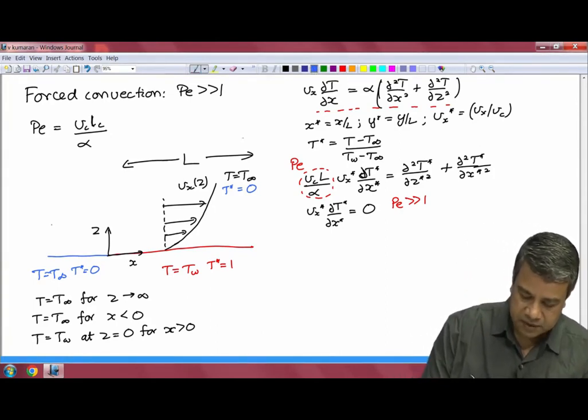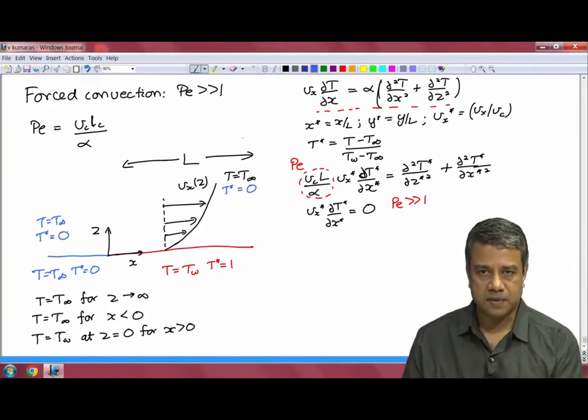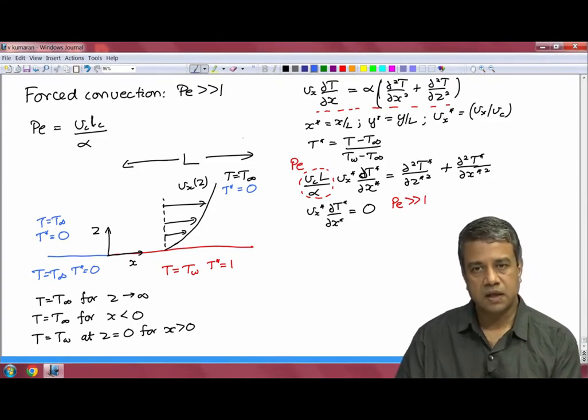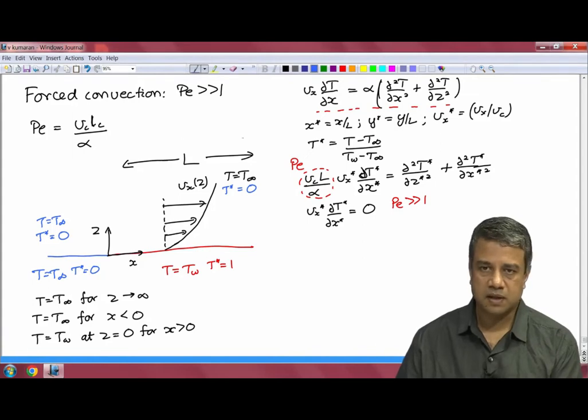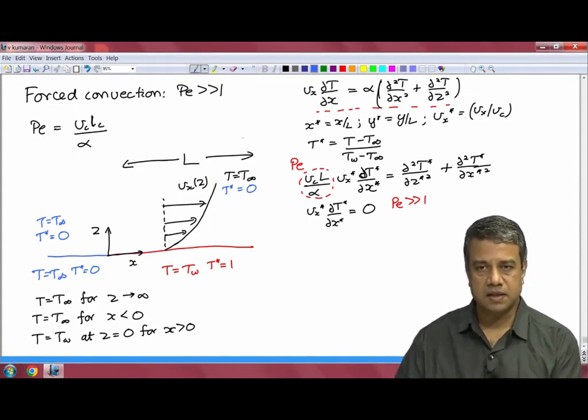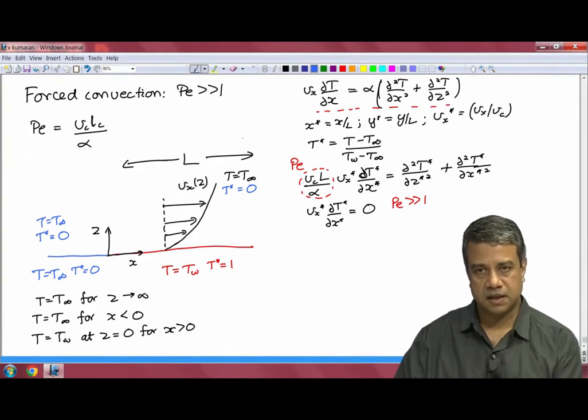And upstream of the heating section, the temperature is just equal to T infinity, or T star is equal to 0. The same fluid that upstream of the heating section was at T star is equal to 0 gets convected downstream. Diffusive effects are not important, and therefore, the temperature remains the same along a streamline. Streamlines in this case are lines of constant z. They are in the x direction.